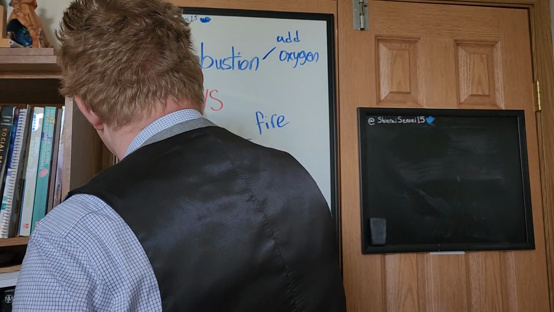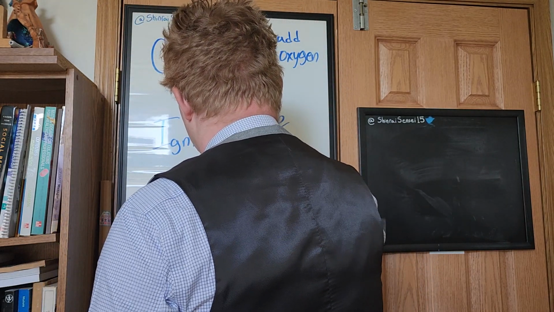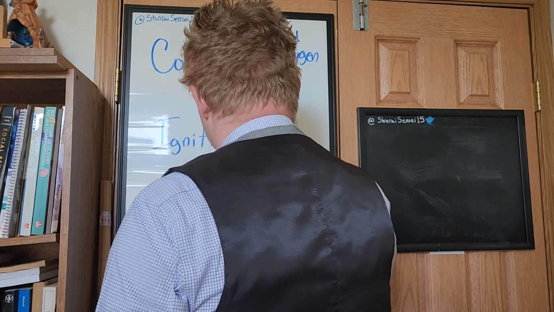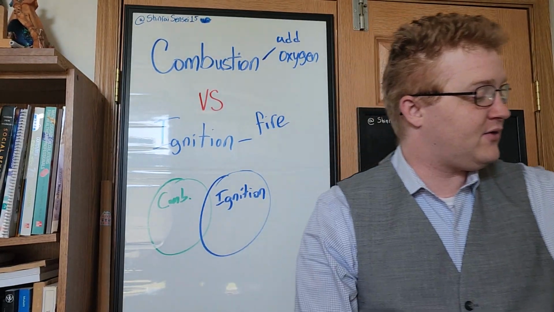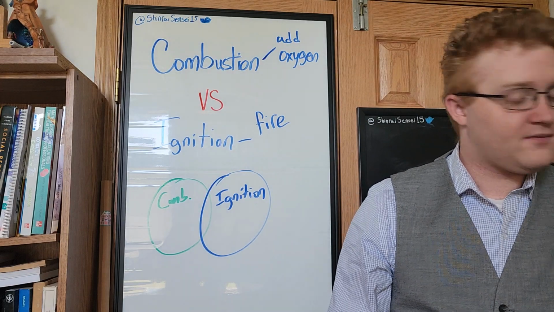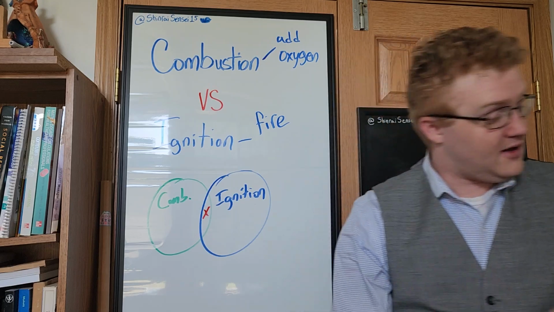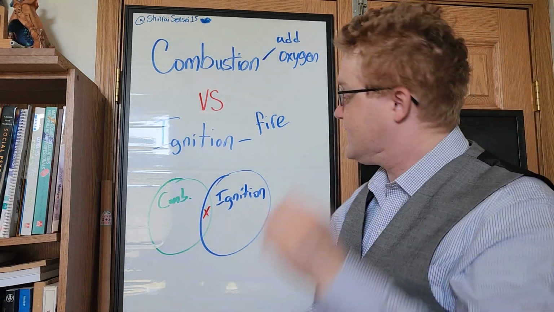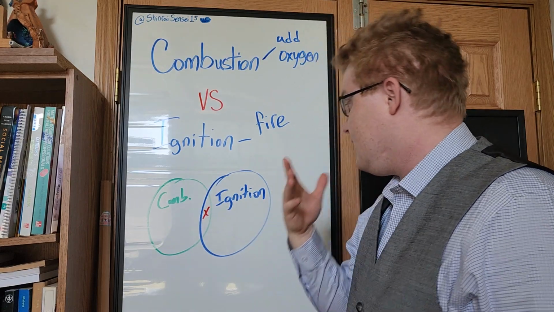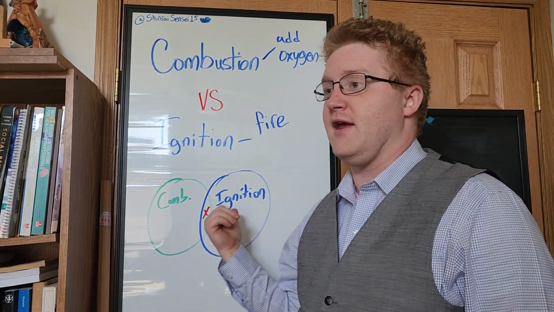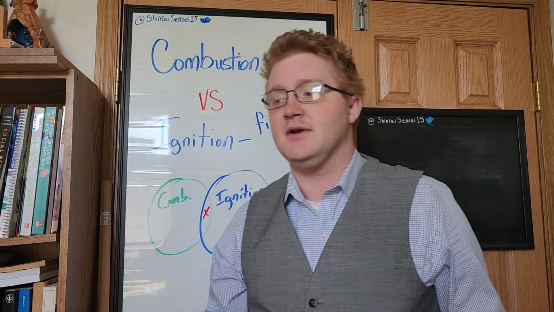And this little area between them, right here where I have the red X, is a lot of people's misconception about combustion always leading to ignition. And people also will err in thinking that ignition is always a combustion reaction.